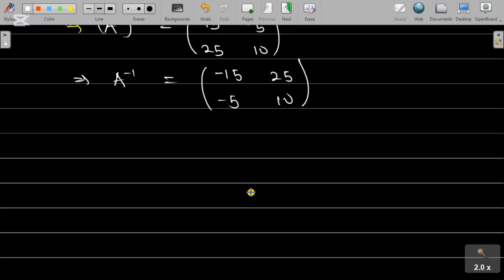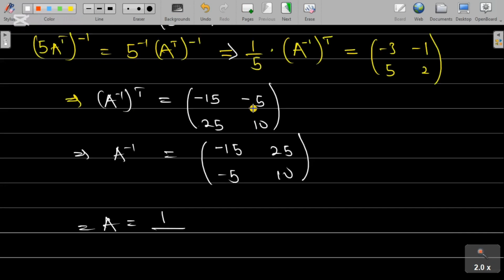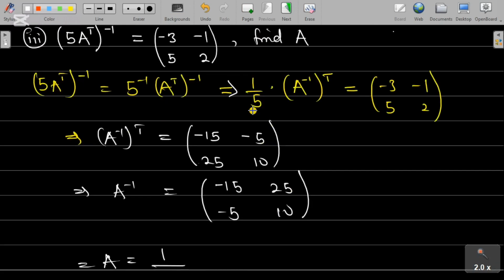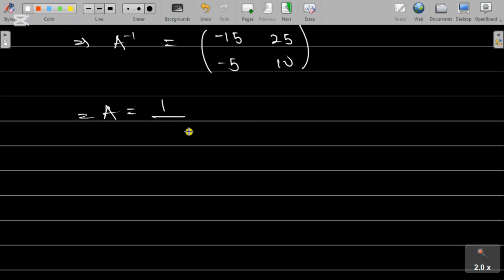To take the inverse of this, A is going to be 1 all over the magnitude, which is what we have always called the determinant. So the determinant of this will be this times this, which is minus 150, then minus this times this is minus 125.